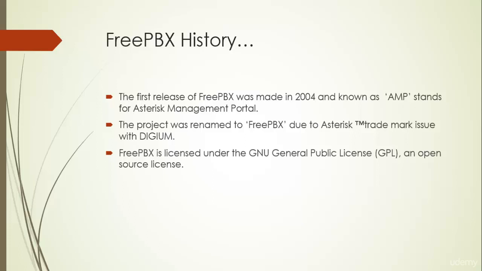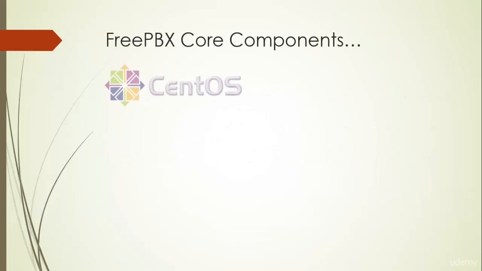It can be installed manually or as part of the pre-configured FreePBX distro that includes the operating system, Asterisk, the FreePBX GUI, and assorted dependencies. The core operating system used by FreePBX is based on a Linux distro known as CentOS.